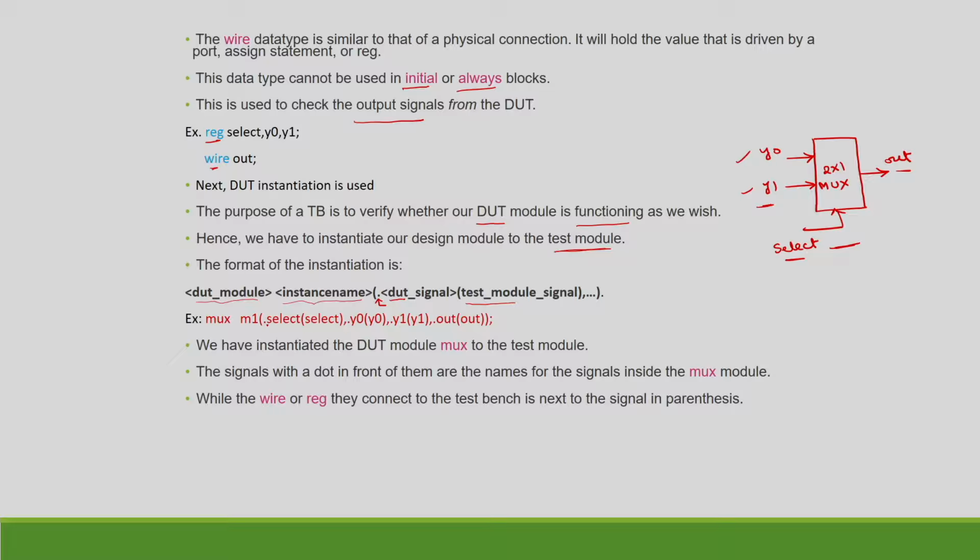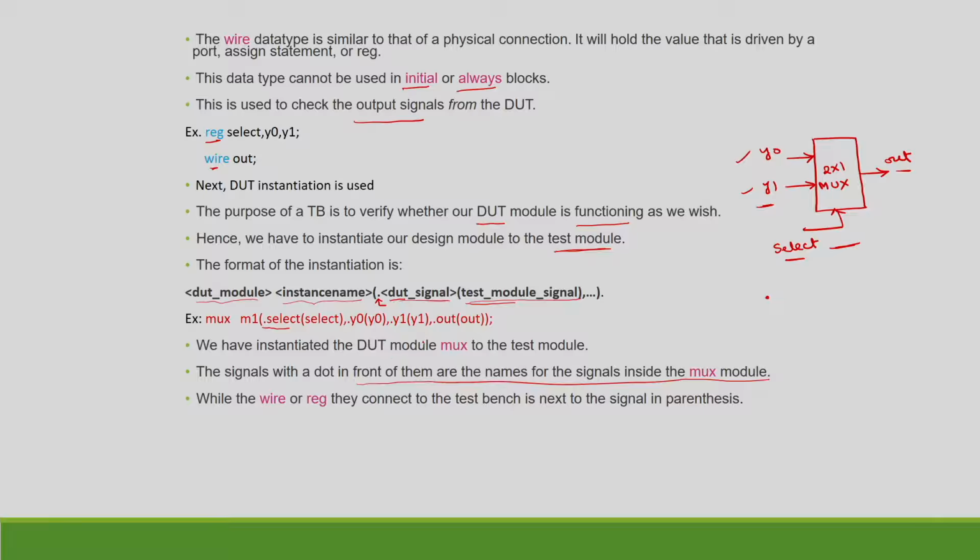The name that is followed by this dot, this select, represents the names of the signals inside the multiplexer code. So, this is the name of the DUT signal, and then the name within the parenthesis represents that of the test module signal. So, you can give both the names same or different also.